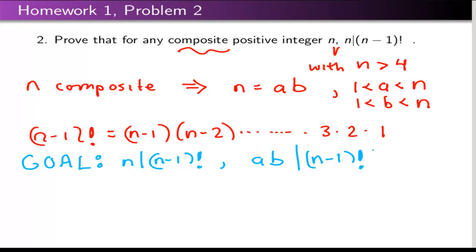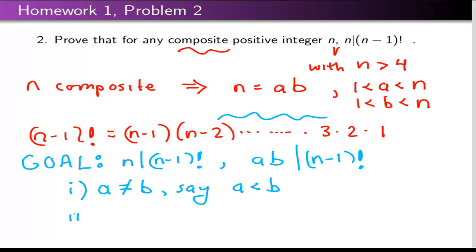And I claim there are two cases to think about. Case 1, a doesn't equal b. So let's just say a is less than b. Then look for a and b somewhere in here. So that case should be pretty straightforward.